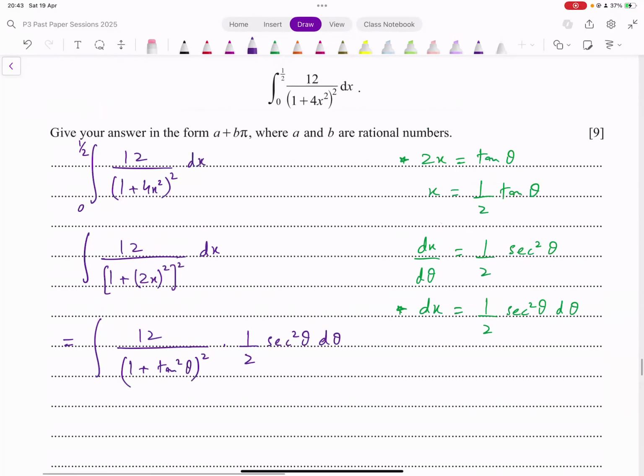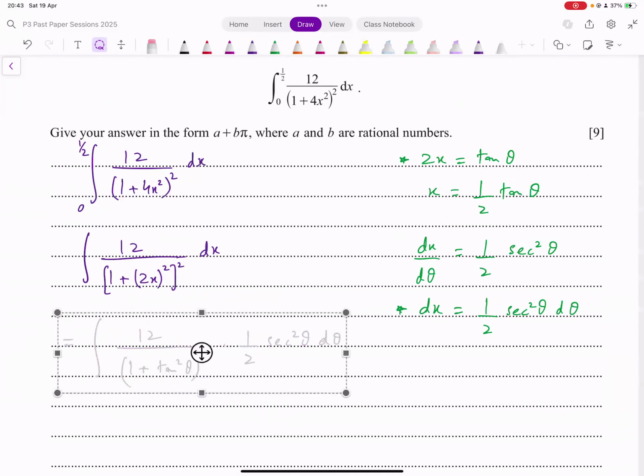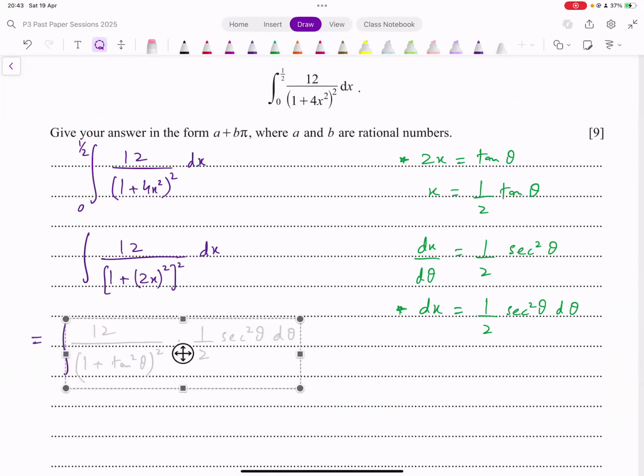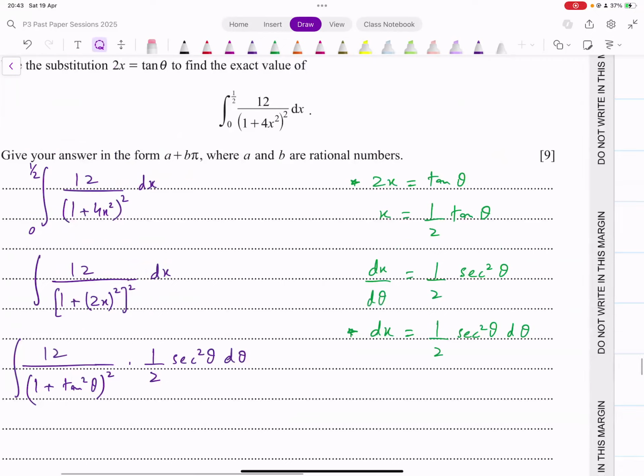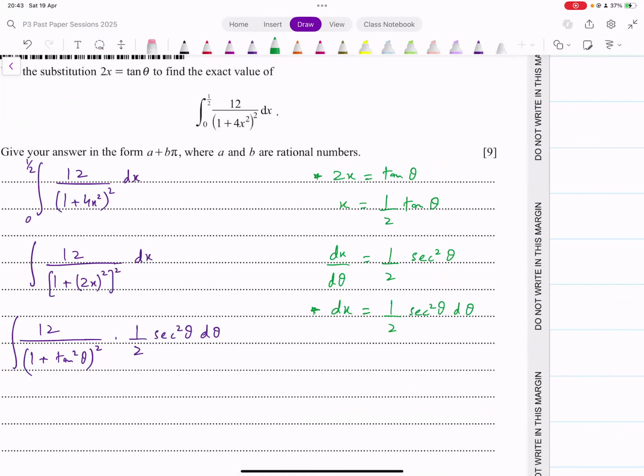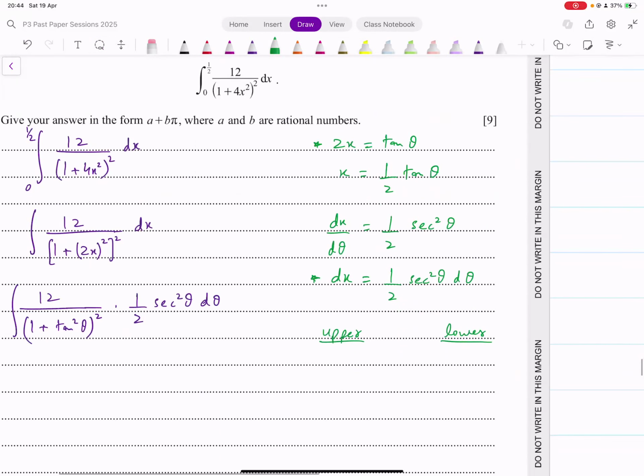Okay, we have done the substitution. We can change the limits as well now. Don't forget to do that. Okay, limits for values of x. We will clearly write what the upper limit is and what the lower limit is because sometimes they end up getting switched. Upper limit is x equals 1 over 2 and the lower limit is x equal to 0.